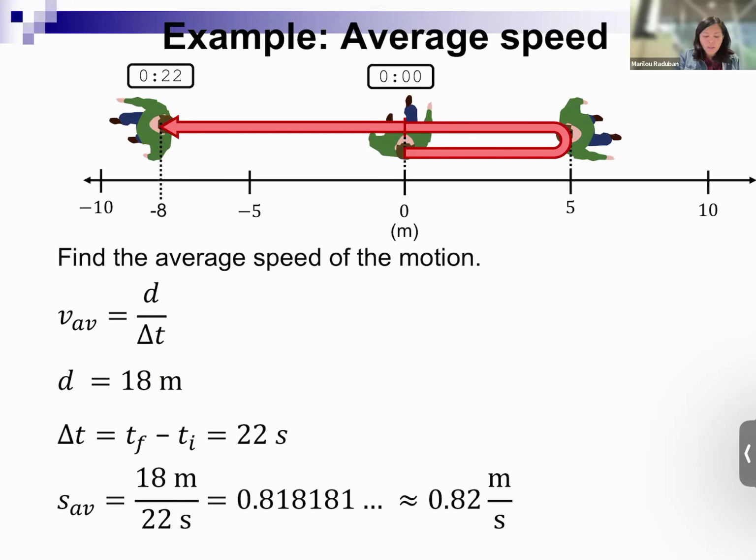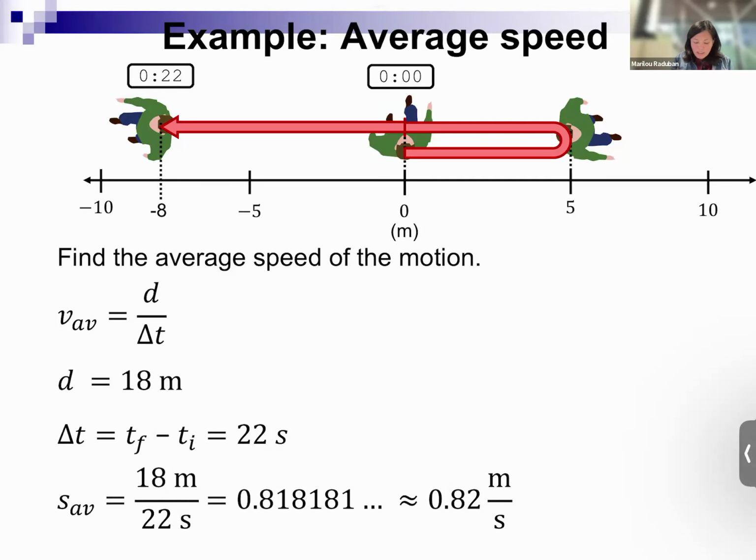Notice how we did not consider negative signs, but rather we just measured the actual length that the person covered over his motion. Okay, and then for the time, time started when the person started to move and ended at 22 seconds at this position. And hence that gives us the time interval, which allows us to calculate the average speed during the motion.